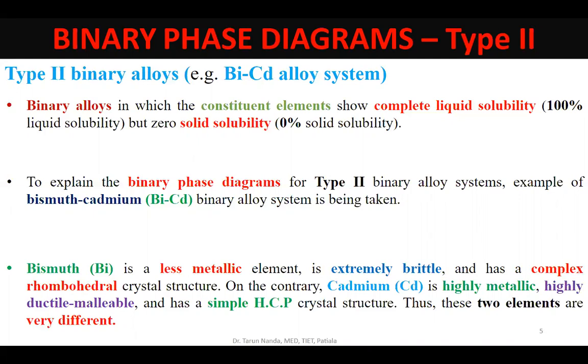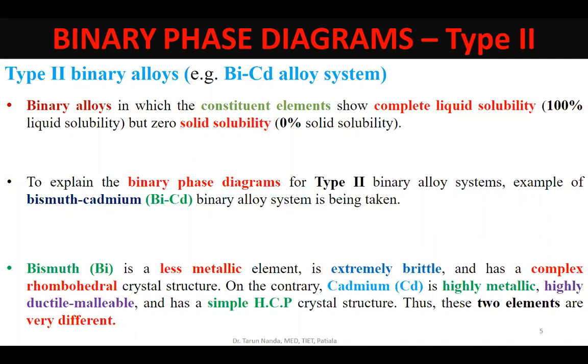The first rule was crystal structure. The crystal structure should be similar. It should not be very dissimilar. But they disobey this rule. Why? Bismuth has a very complicated crystal structure, whereas cadmium has a very simple crystal structure, HCP.